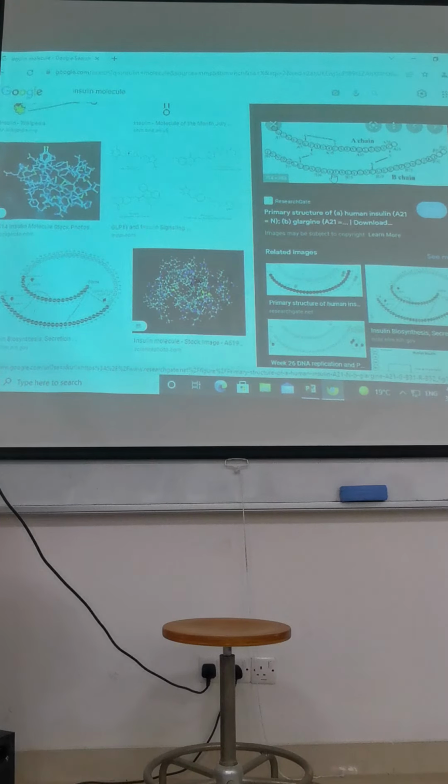So if I give insulin, I have to give a large amount to the patient. But if I change insulin a little bit, then I have to give less because of the higher effect.